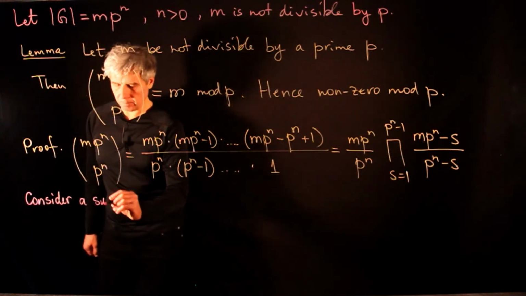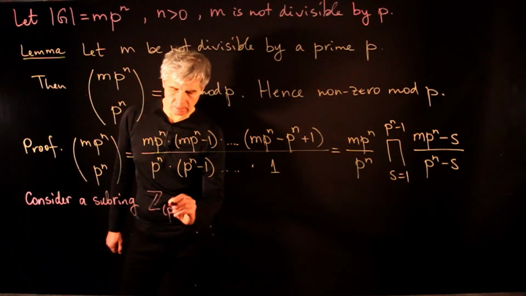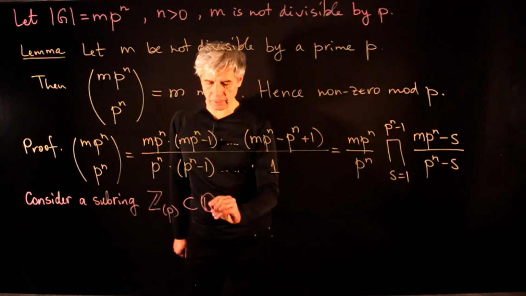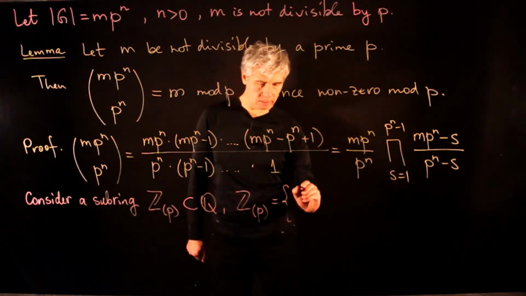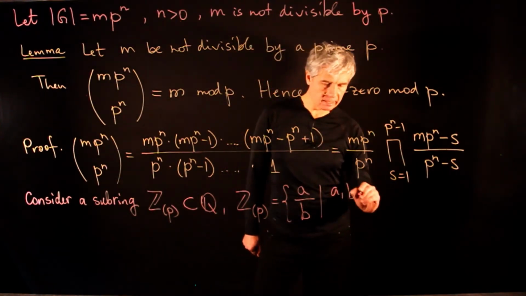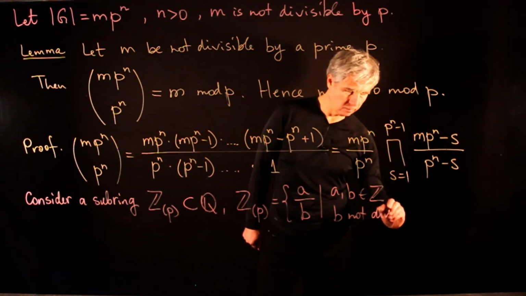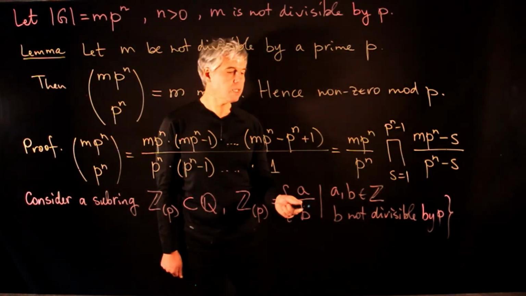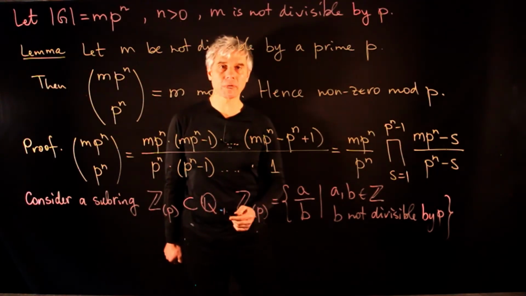Consider a subring that we'll call Z_(p), with p in round brackets, inside the field of rational numbers. So Z_(p) is the set of fractions a over b, where a and b are in Z, but b is not divisible by p. It's easy to see that the set of these fractions forms a subring inside the ring of rational numbers.